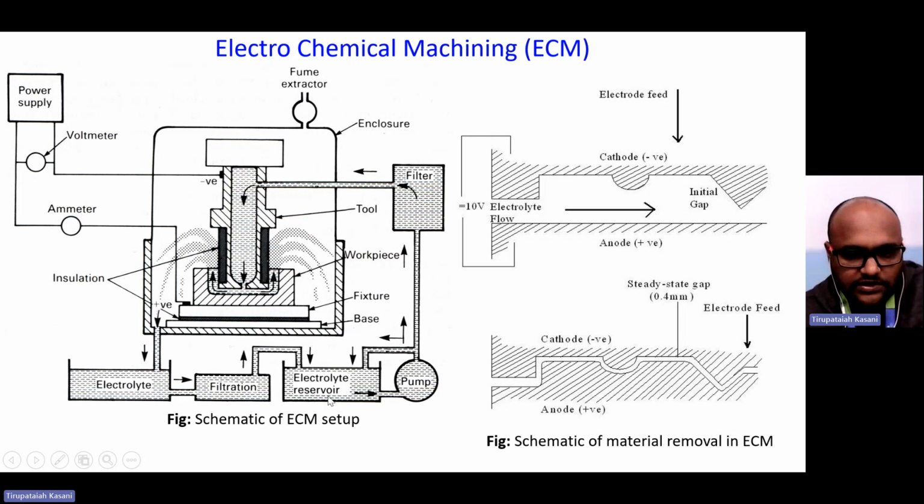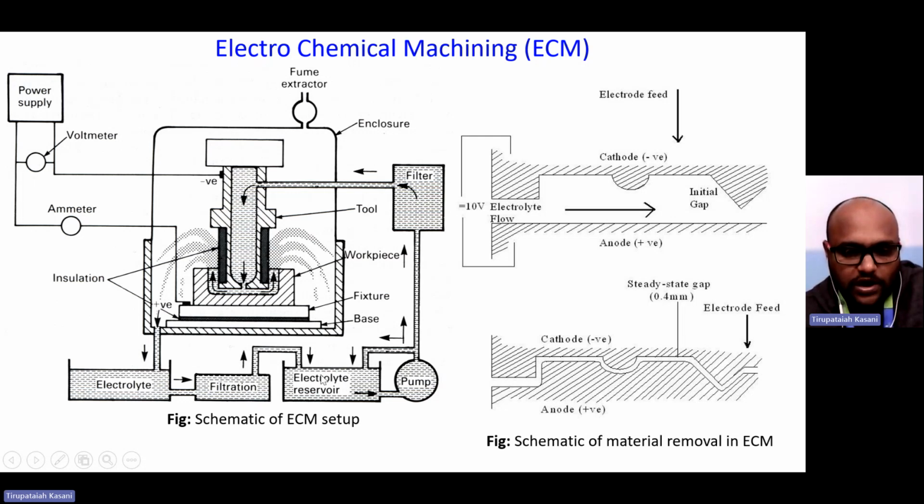This is the electrolyte reservoir. The electrolyte reservoir supplies the electrolyte medium to the machining zone. After some time of use, the electrolyte concentration may decrease. That is why, time and again, this reservoir is filled with fresh electrolyte medium.